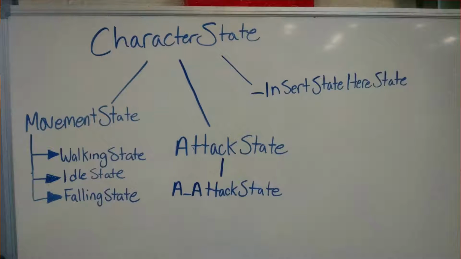So if I branch them underneath MovementState, we could put a lot of their functionality in MovementState, and then they all get it for free. Does this make sense? Anybody got questions? You can stop me if you do. It's way more interesting when I'm not just talking at a wall.